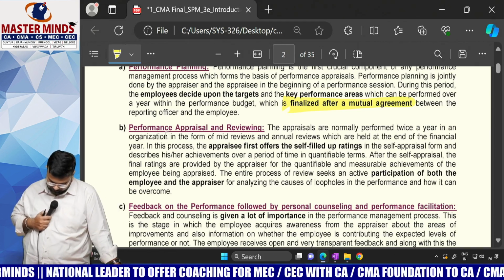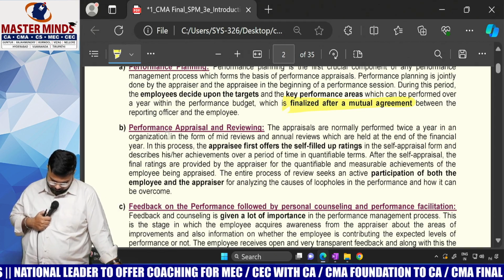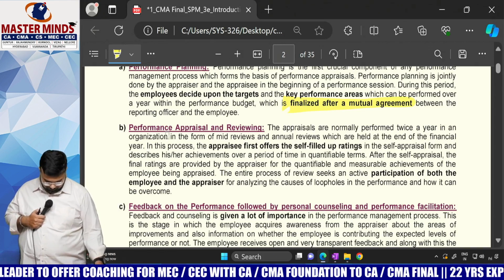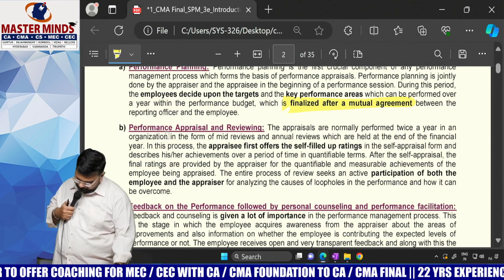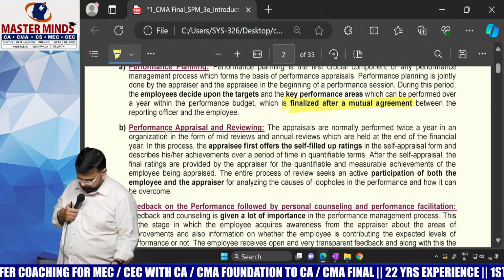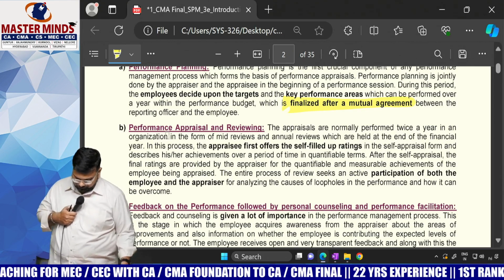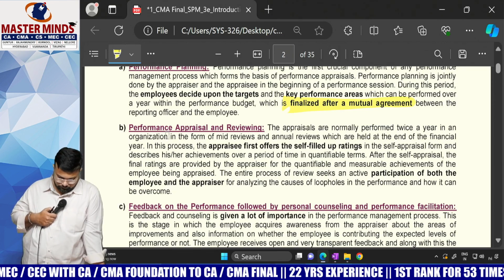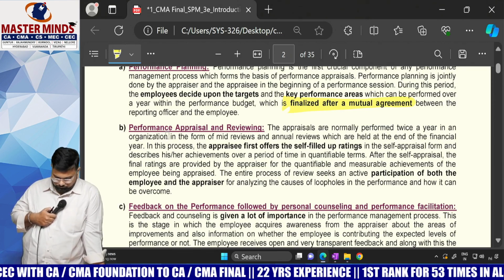After the self-appraisal, the final ratings are provided by the appraiser for the quantifiable and measurable achievements of the employee being appraised. Next, Nana. The entire process of review seeks active participation of both the employee and the appraiser for analyzing the cause of loopholes in the performance and how it can be overcome.